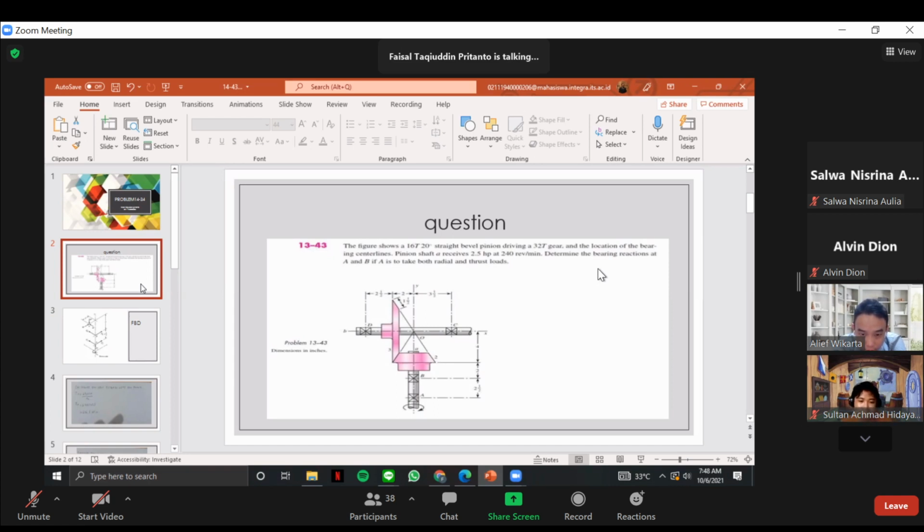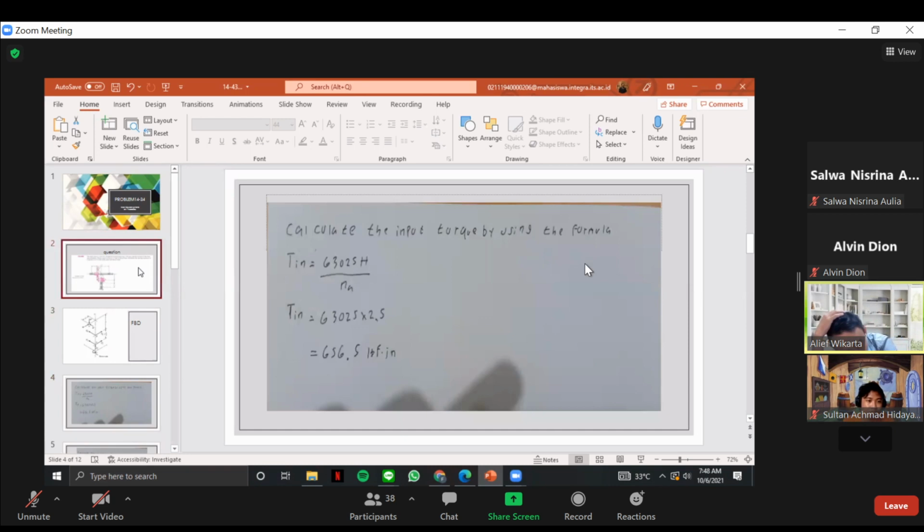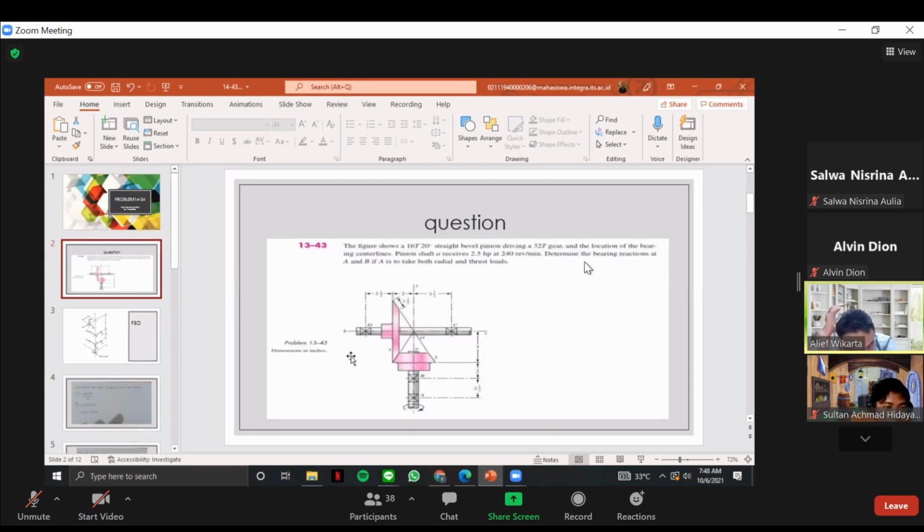If A is so, take radial and thrust load. Where are A and B, Mas? Where are A and B in the figure?